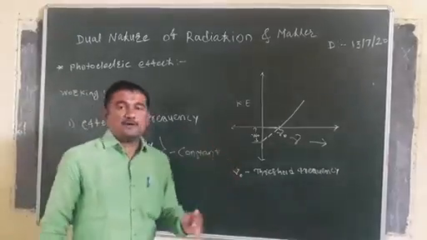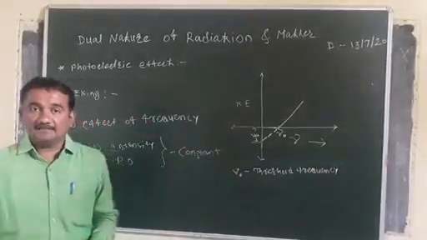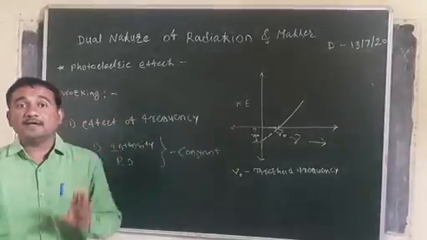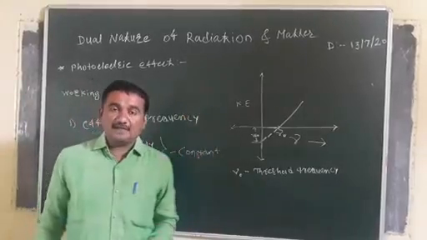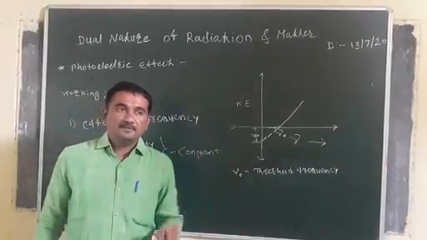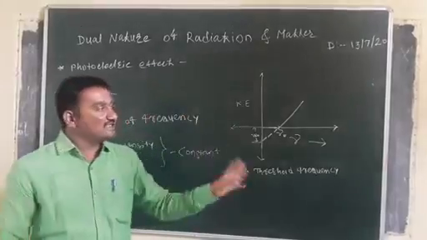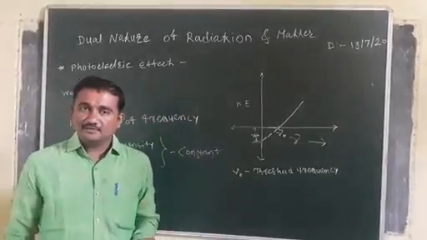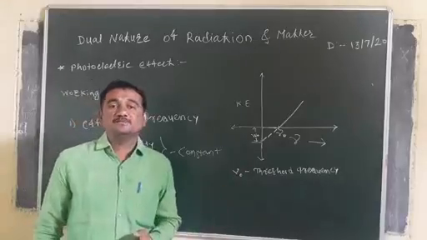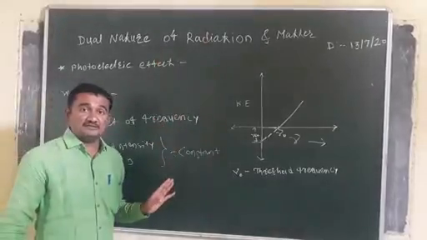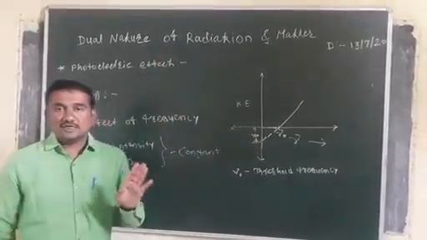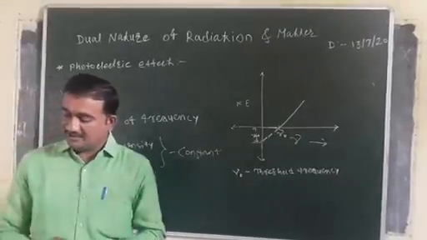While studying the effect of frequency, it is seen that electrons of different kinetic energies are emitted from the metal surface when radiation of a single frequency is incident on it. Even with a single radiation frequency, the electrons are emitted with different kinetic energies.